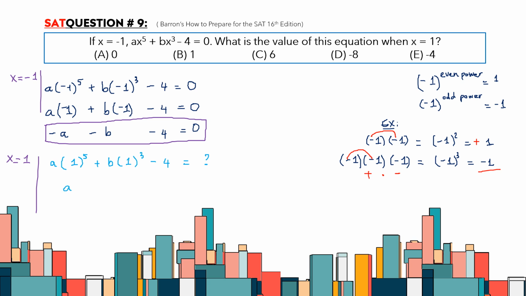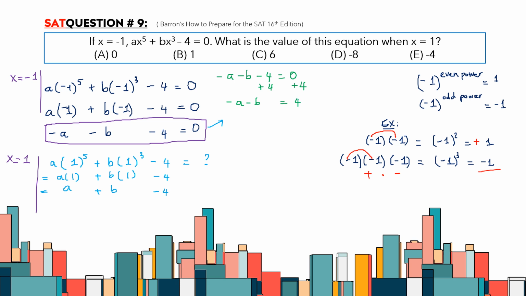a times 1 is a. Now b times 1 is b. Now we need to know the value of a plus b, and from -a minus b minus 4 equals 0, if we add 4 to both sides, we have negative a minus b equals 4.